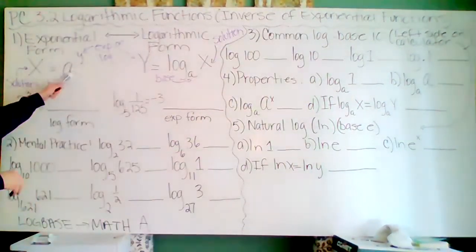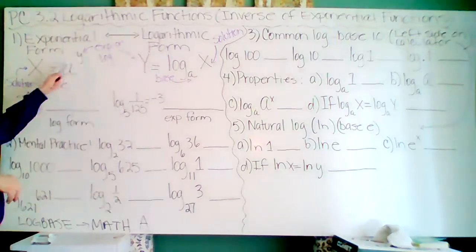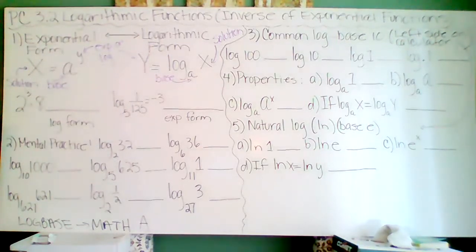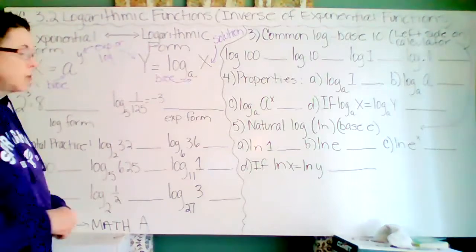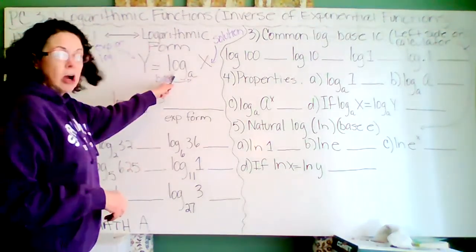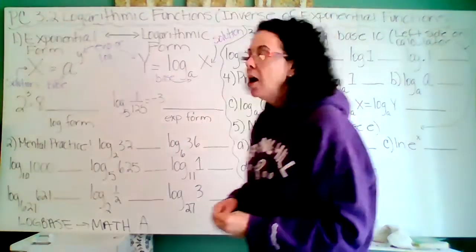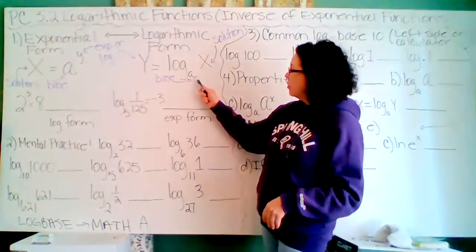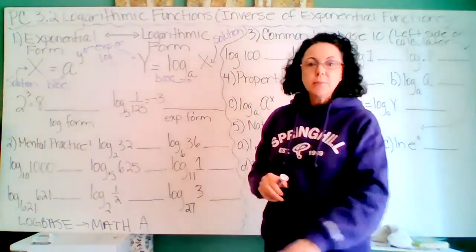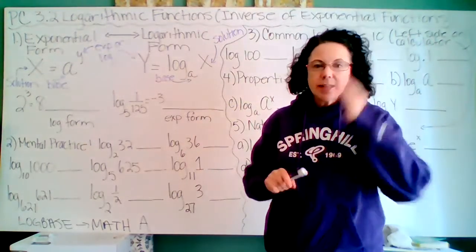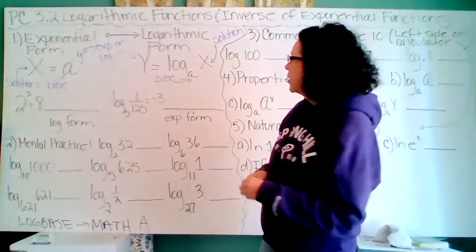So when you have a base raised to a logarithm or an exponent, that results in a solution, this is exponential form. To write it in logarithmic form, we say log, because it's in logarithmic form, with a base of A, which is below, like in a subscript level, like a little submarine going through the water.